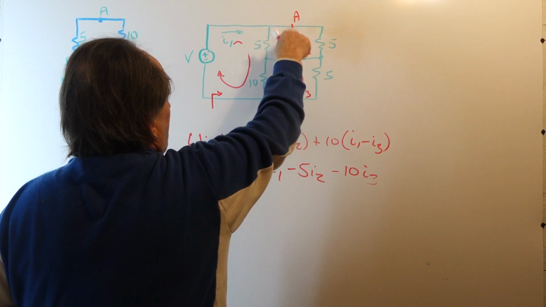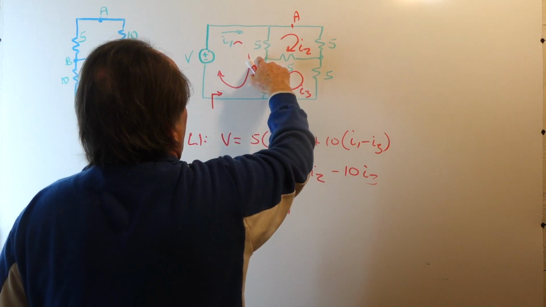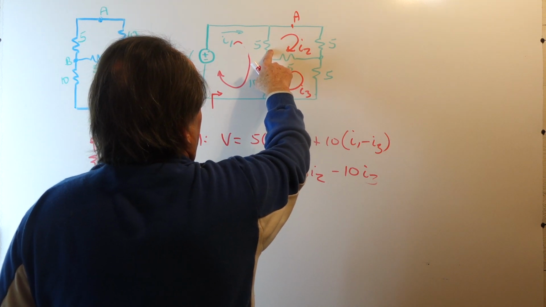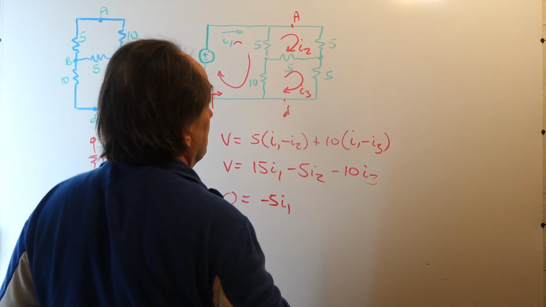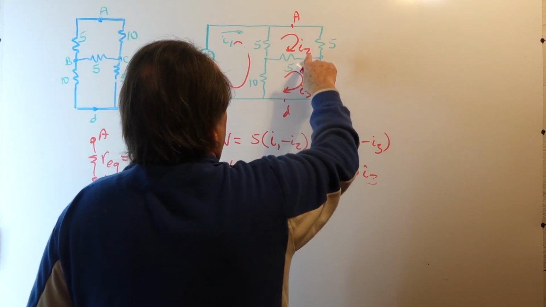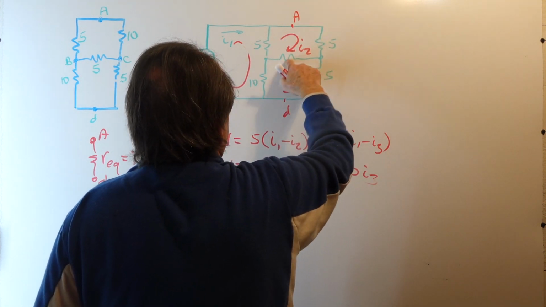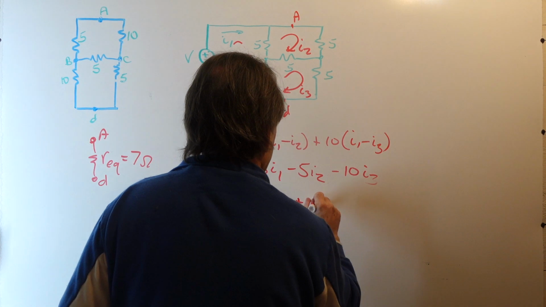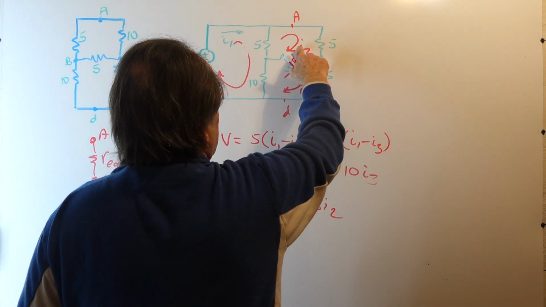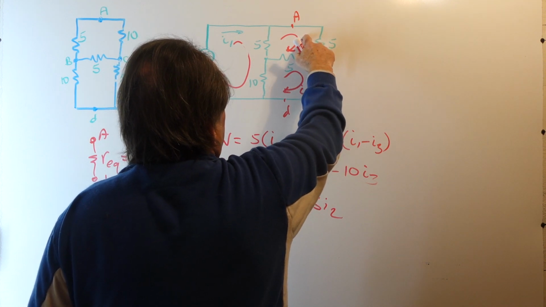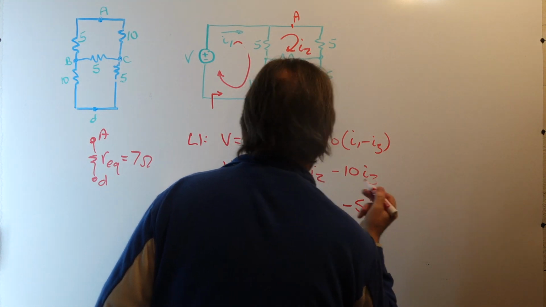So in this loop we have a minus 5 I1. I1 is just touching the element of 5 ohms that's common to loop 2. And loop 2 has 3 elements, 5 plus 5 plus 5, or 15 I2. And the element that's common between loop 2 and loop 3 is 5. So we have minus 5 I3.